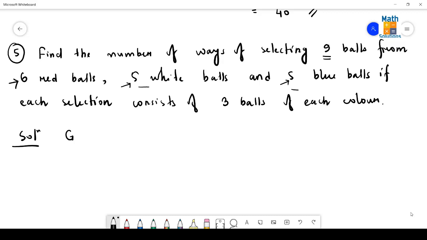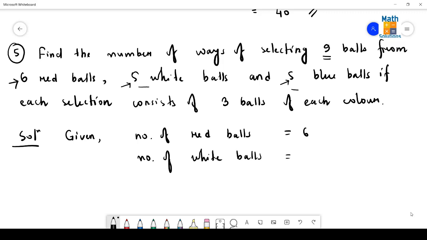Given: number of red balls is equal to 6, number of white balls is equal to 5, number of blue balls is equal to 5.